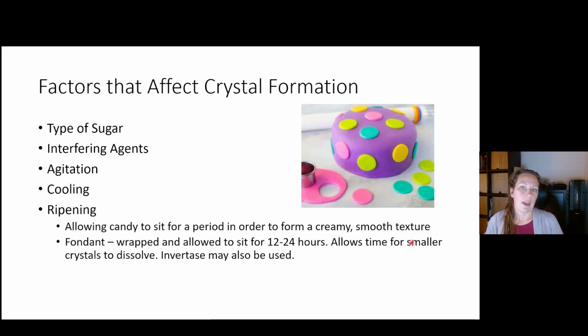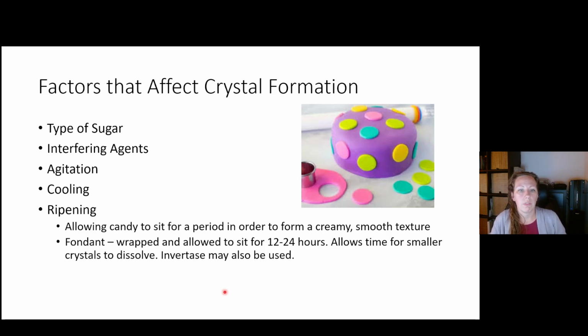Okay, third we have ripening. Ripening is allowing candy to sit for a period in order to form a creamy, smooth texture. The best example for that is fondant. After it's made, it's wrapped and allowed to sit for 12 to 24 hours.